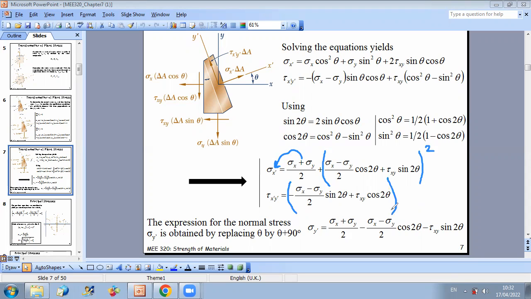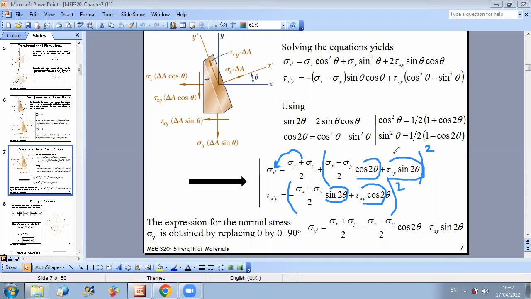You will see a lot of simplifications because cosine squared 2 theta plus sine squared 2 theta is 1. So this will give you the term ((sigma x minus sigma y) over 2) squared. And squaring this term and this one will give you (sine squared 2 theta plus cosine squared 2 theta) times tau xy squared, which is equal to tau xy squared.